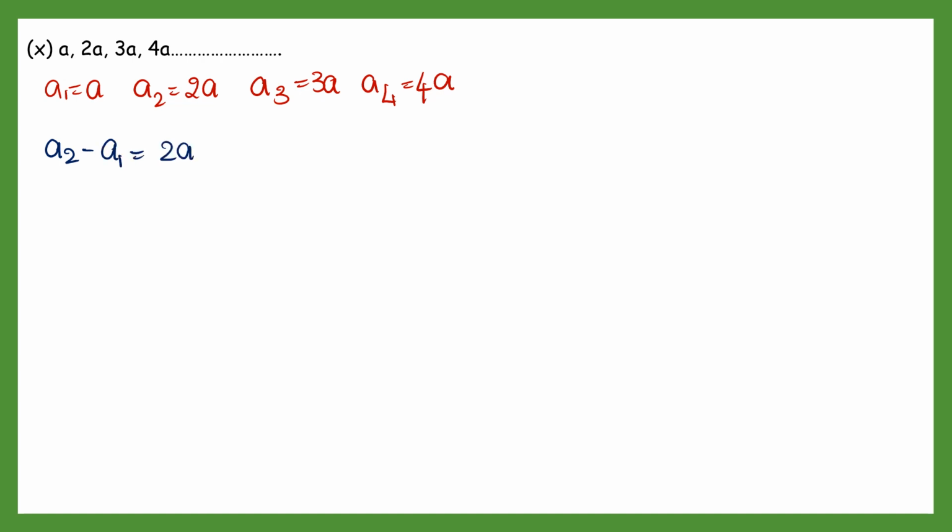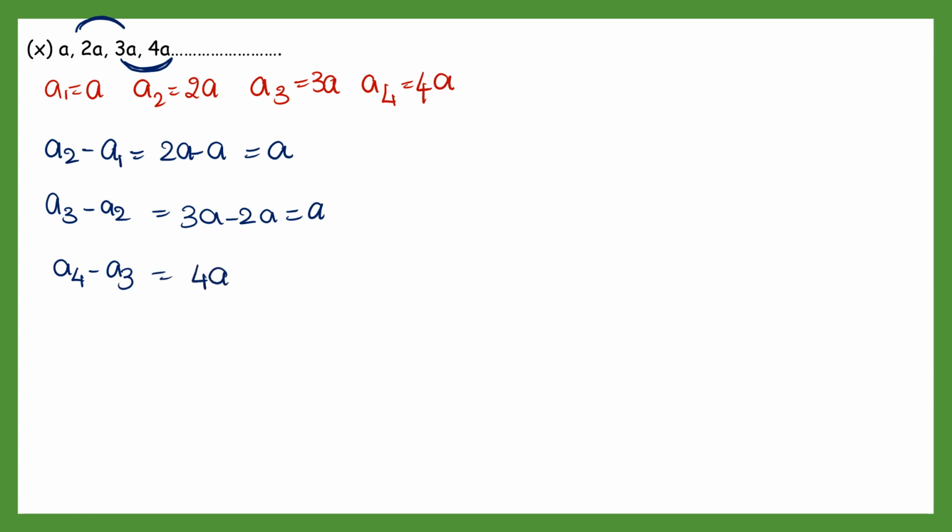So 2A minus A, we get A. Now the difference between the third term and second term, A3 minus A2. These two are consecutive. So 3A minus 2A, you get A again. Now 3A and 4A here. These are the third and fourth terms. They are consecutive. Let's find the difference. A4 minus A3. So 4A minus 3A, that is equal to A.